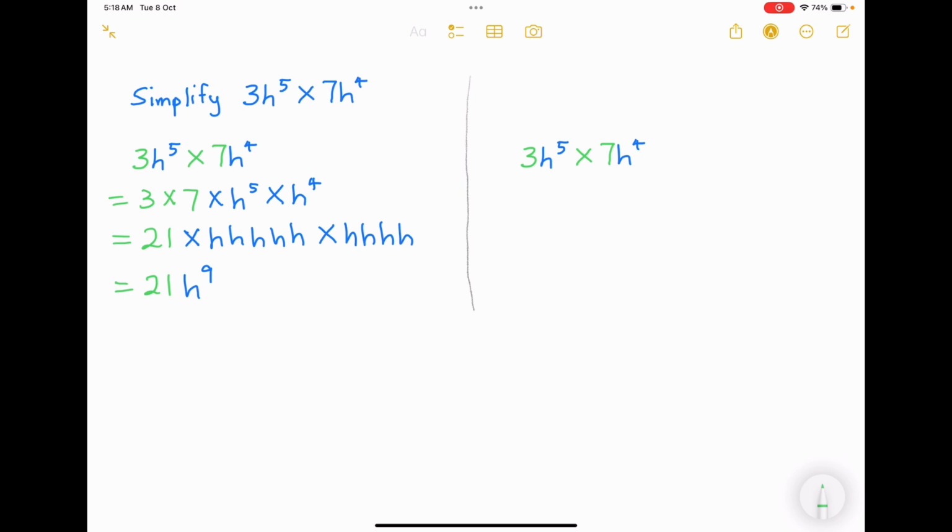Using the same base law, 3 times 7 times h to the power 5 times h to the power 4. Because this part is algebra, we do not need to write the multiplication sign. This becomes 21.